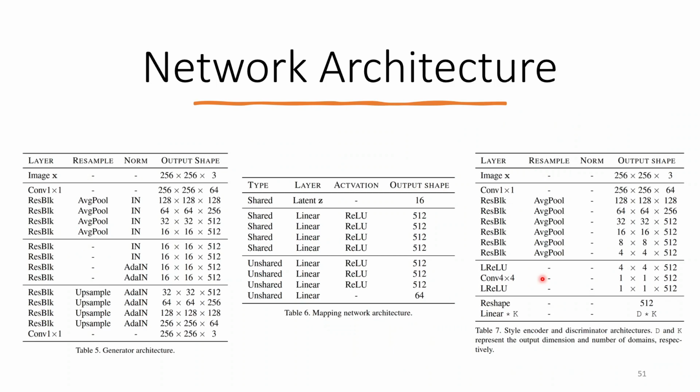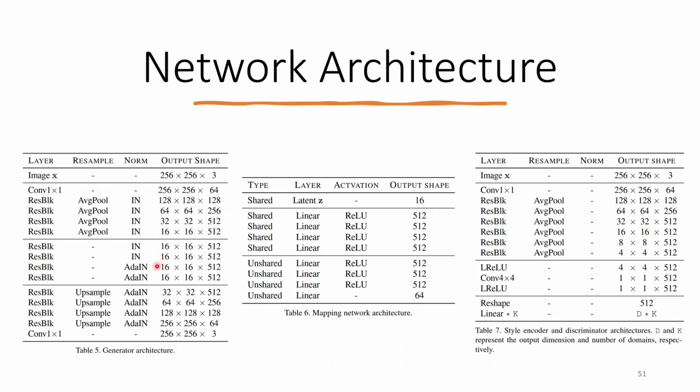Okay, so this is the network architecture for StarGAN V2. Let's take a look at the generator. This is the input image. The resolution is 256 square, and there are some convolutional layers.